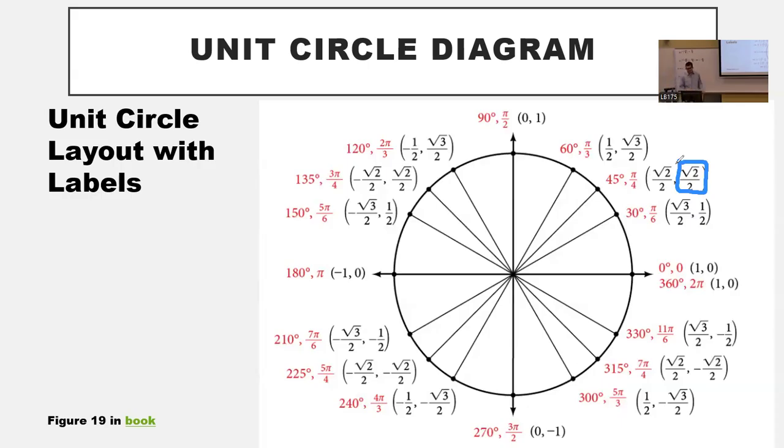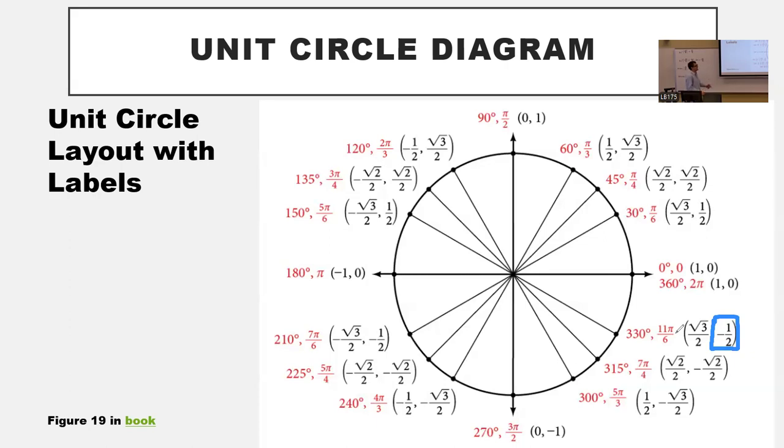Arc sine of negative 1/2. Well, negative 1/2 as the y value is right here. That would be 11 pi over 6 if I went around in the counterclockwise direction.